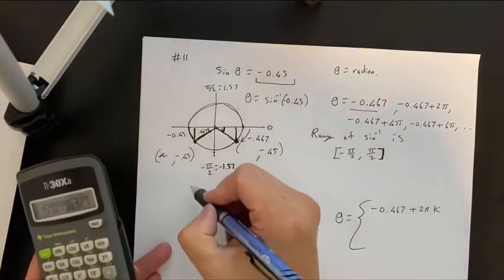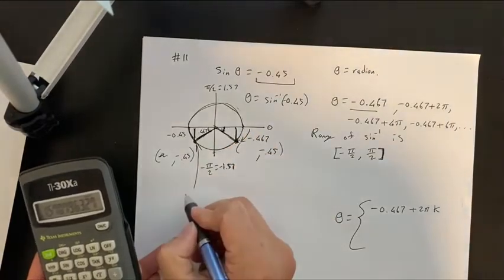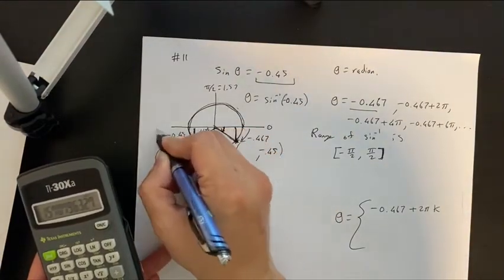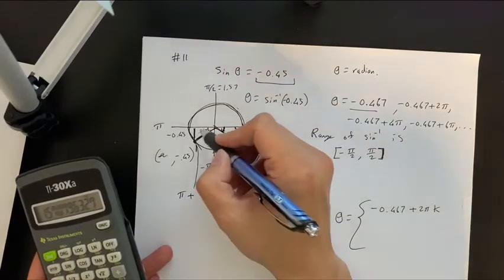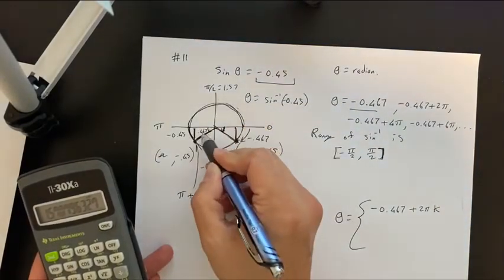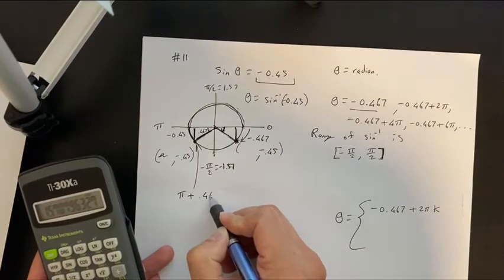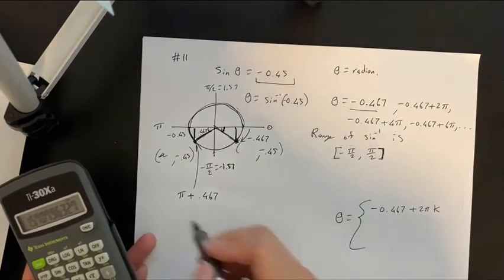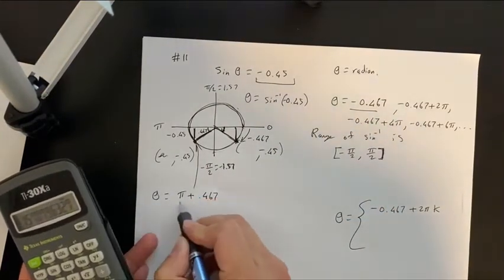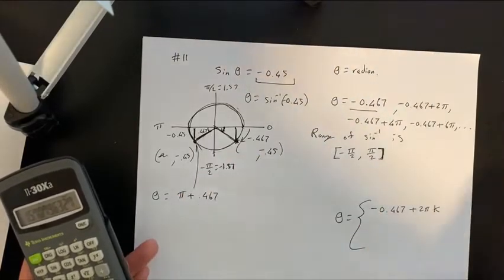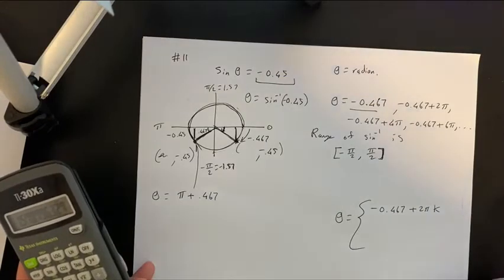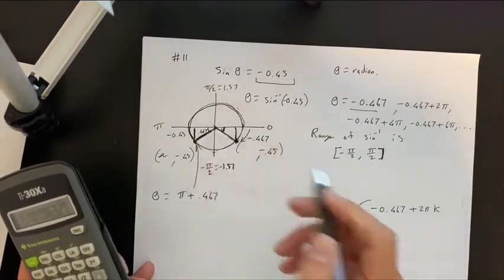To get to this position would be pi, and then on top of that, you have to go an additional 0.467. So that's going to be the position for this second solution.